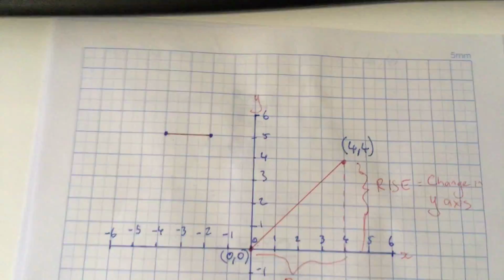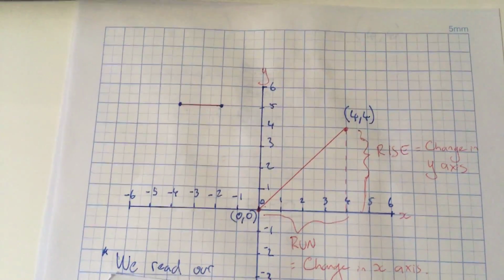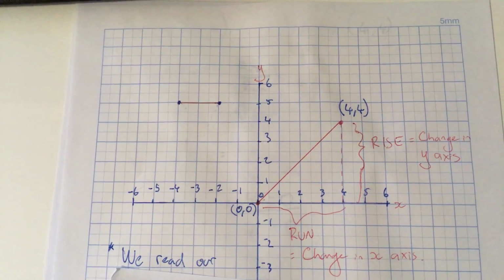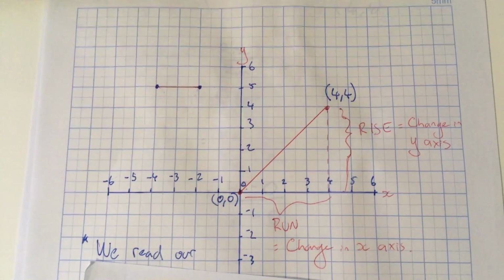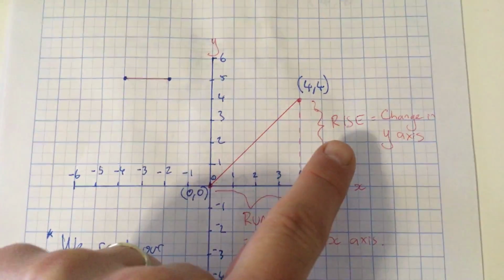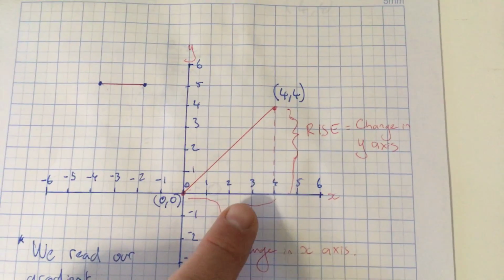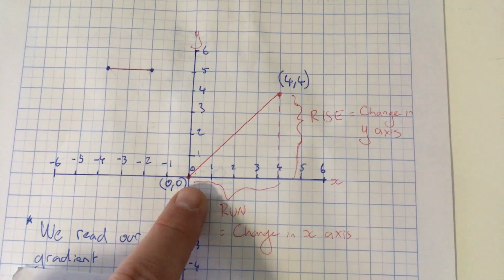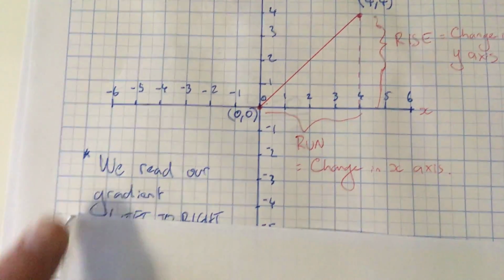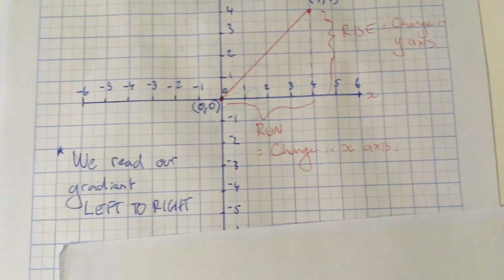I've got a graph here with 0, 0 and 4, 4, and we've joined a line segment there, the red line there, and you can see I've just written on the side there, there's the rise, which is the change in the y-axis, and the run, which is the change in the x-axis there. And remember, we read our gradient from left to right.